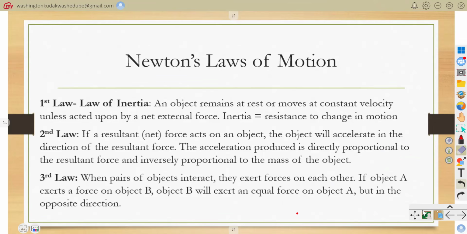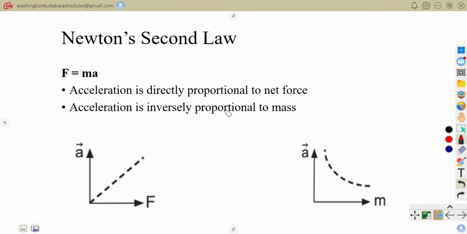So now that we know the three Newton's laws of motion, let's dive deep into Newton's second law. This is the most important law that we are going to be applying and using in the grade 11 syllabus. This law is also very examinable in grade 12.